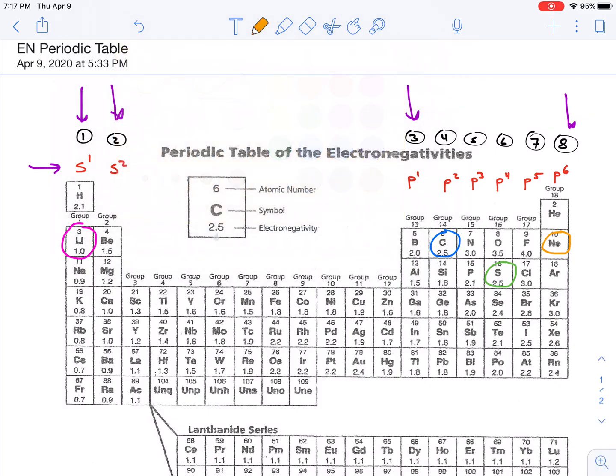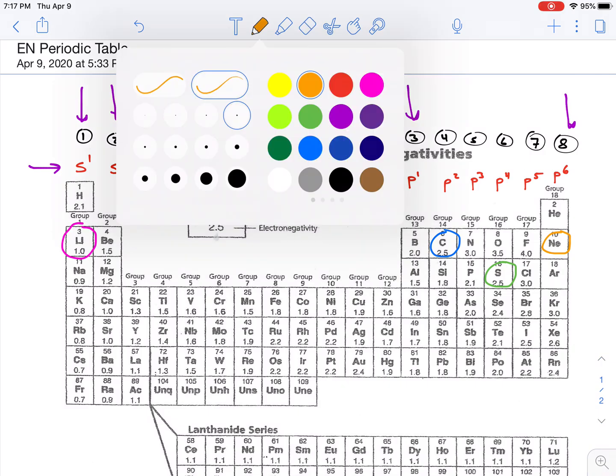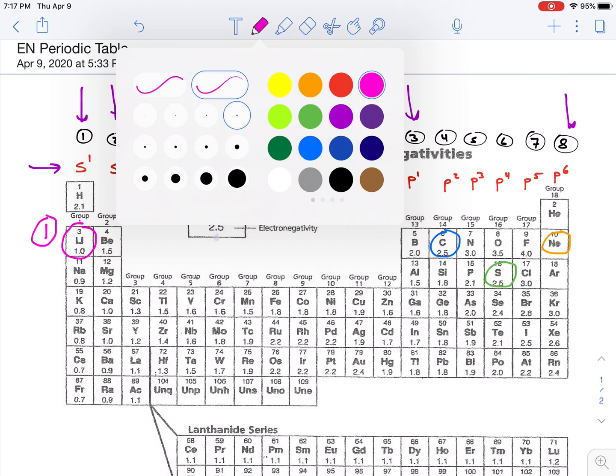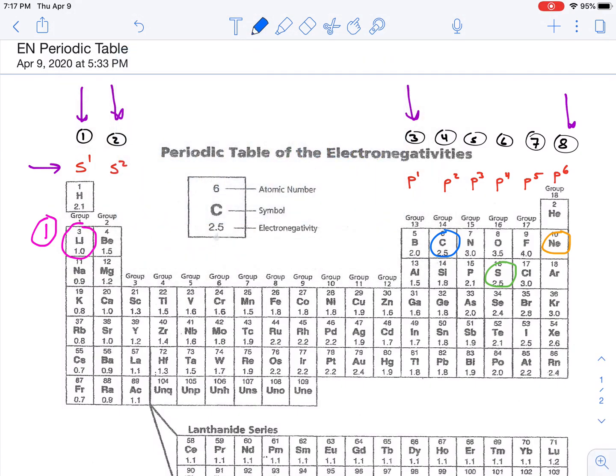Lithium is in this first column. It only has an S1 electron. Therefore, lithium has 1 valence electron. Carbon, meanwhile, has 2 S's and 2 P's.